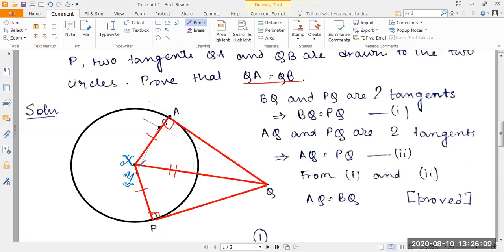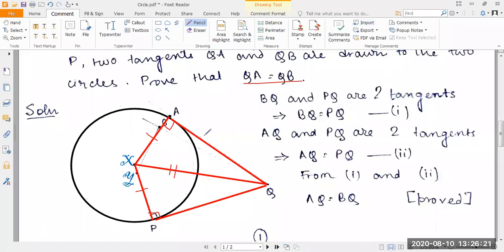XAQ is congruent to XPQ, and the rule for congruency here is RHS: right angle, hypotenuse, that's the side opposite to the right angle, and one side.